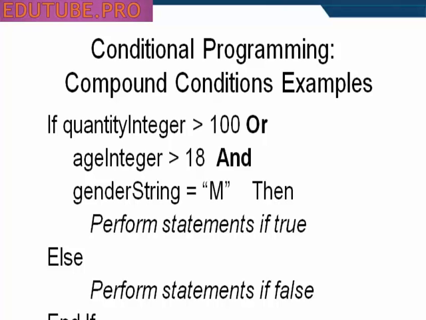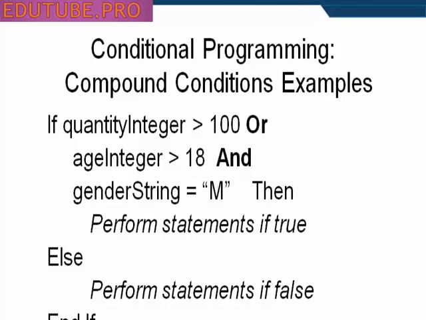That is, in this condition, the age integer greater than 18 and the gender string would be compared to M first, and only if that would be true, then it would consider the OR, which is quantity integer greater than 100.